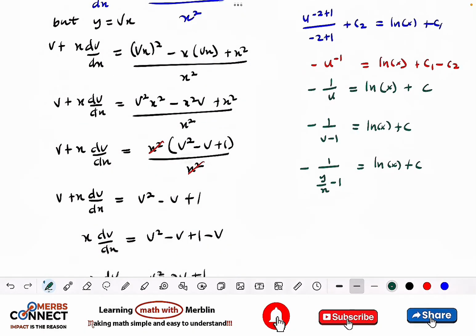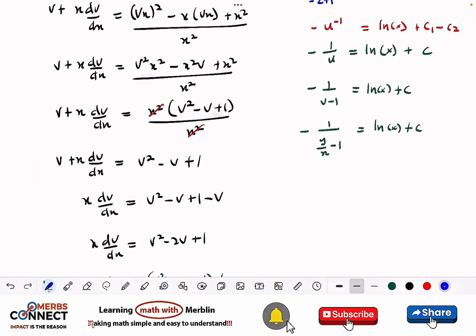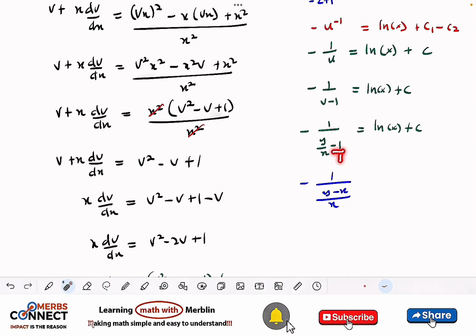So let's do some small manipulations here. This is the same as minus 1 divided by (y minus x) over x, right? So this is divided by 1. If this one is divided by 1, using my trick, y divided by x minus 1, this is divided by 1. So this will multiply this, which is going to give us y, and then this will multiply this, which is going to give us x, all divided by this times this.